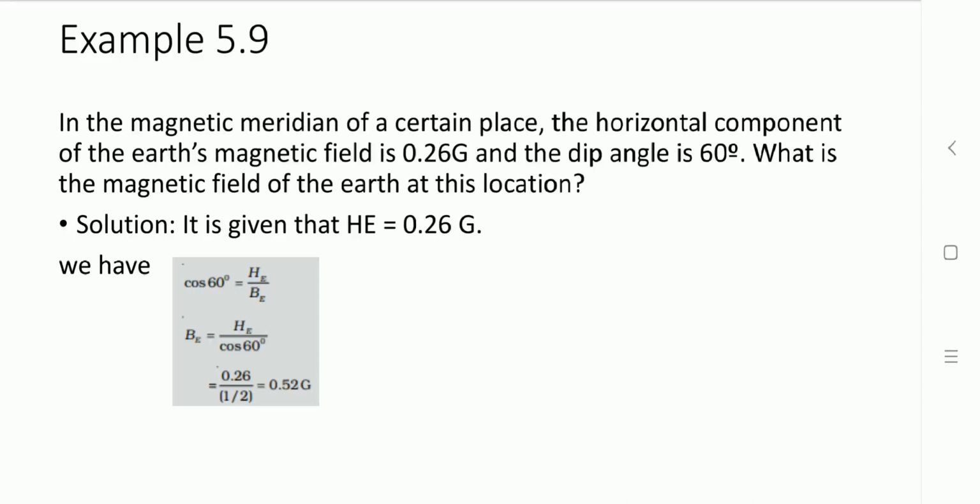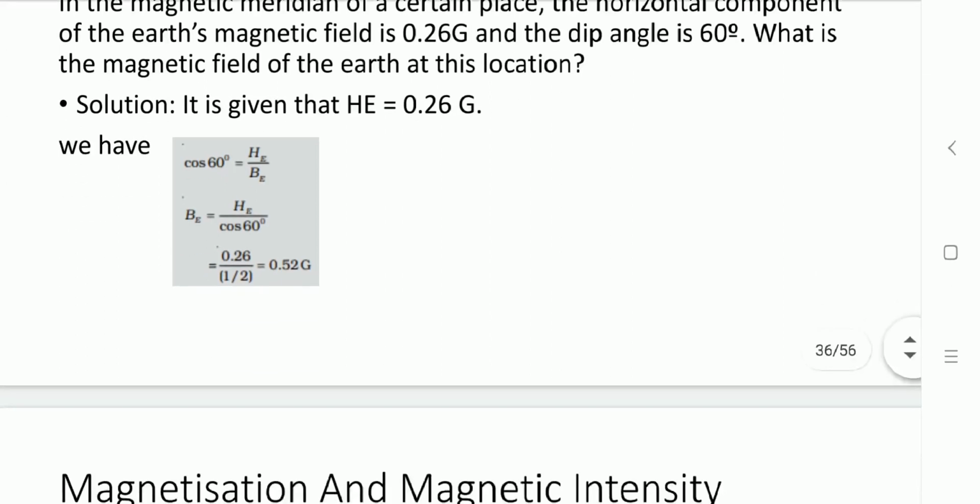Cos theta is base side divided by BE, so BE is HE upon cos 60. HE is given 0.26, cos 60 is 1 by 2. So the magnetic field at that location is 0.52 Gauss. You can also convert it into Tesla by multiplying by 10 raised to minus 4. So that is 0.52 into 10 raised to minus 4 Tesla.